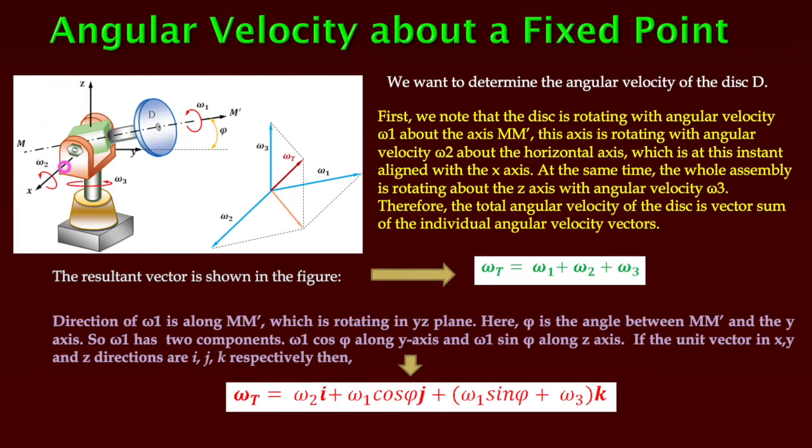So the total summation in i direction, means along x, is only omega 2, so omega 2 i. Along y direction it is only the cos component of omega 1, so omega 1 cos phi into j, and in z direction there are two angular velocity vectors, one is omega 3 and the other is the omega 1 sin phi component of omega 1, so omega 1 sin phi plus omega 3 into k.